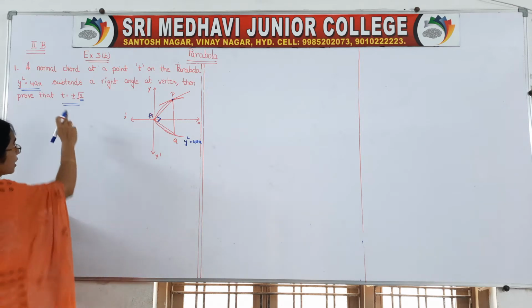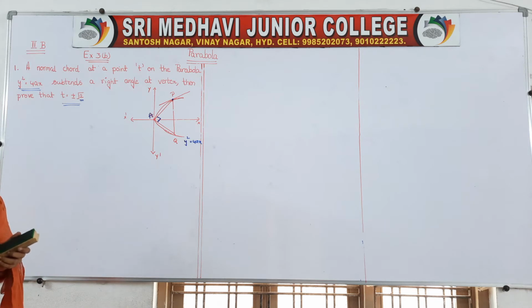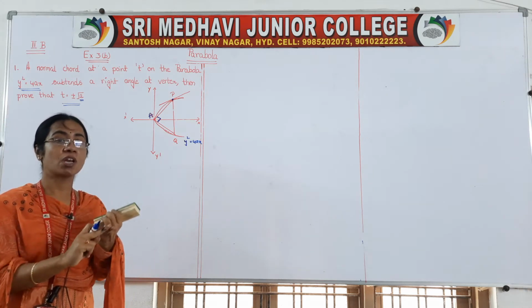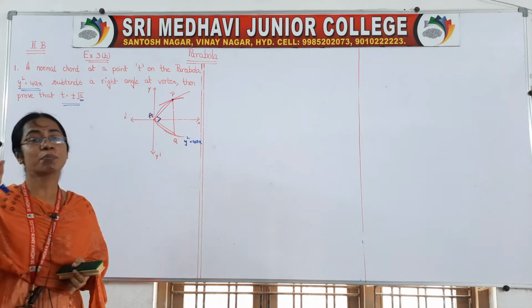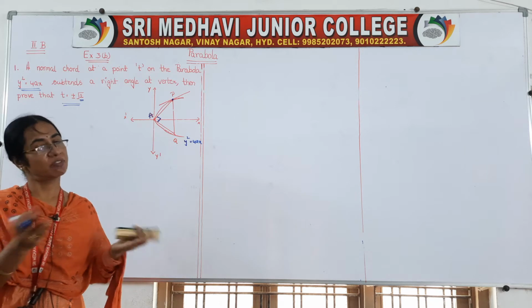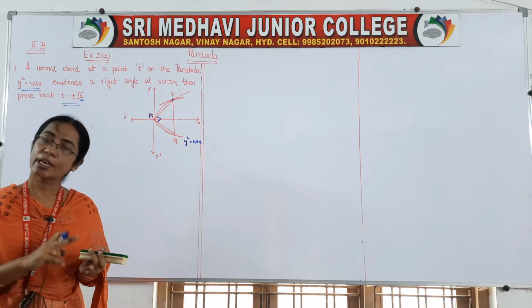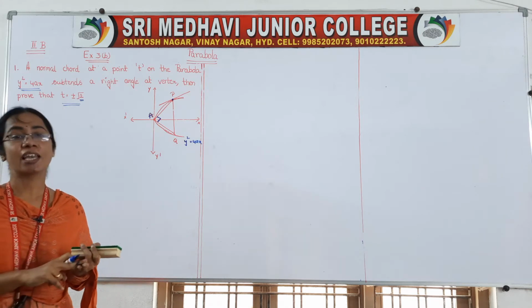Then show that the t value is plus or minus root 2. So what I said here: you consider the parabola as the curve and this normal chord as one line equation. Definitely tangent is a line and normal is also a line. So homogenize this curve with this line.